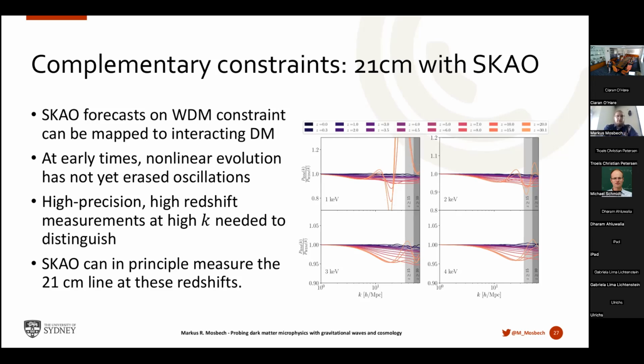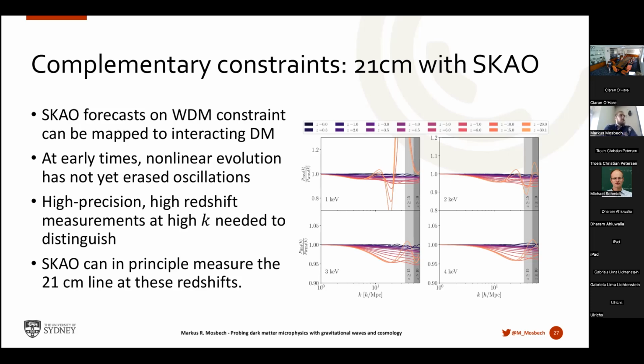And we are fortunate that the SKA low instrument should hopefully be able to probe 21 centimeter hydrogen at these redshifts once it comes online in however many years, provided we give it enough observation time. However, this is still a rough estimate, because this is done with dark matter only simulations, no baryons and so on.